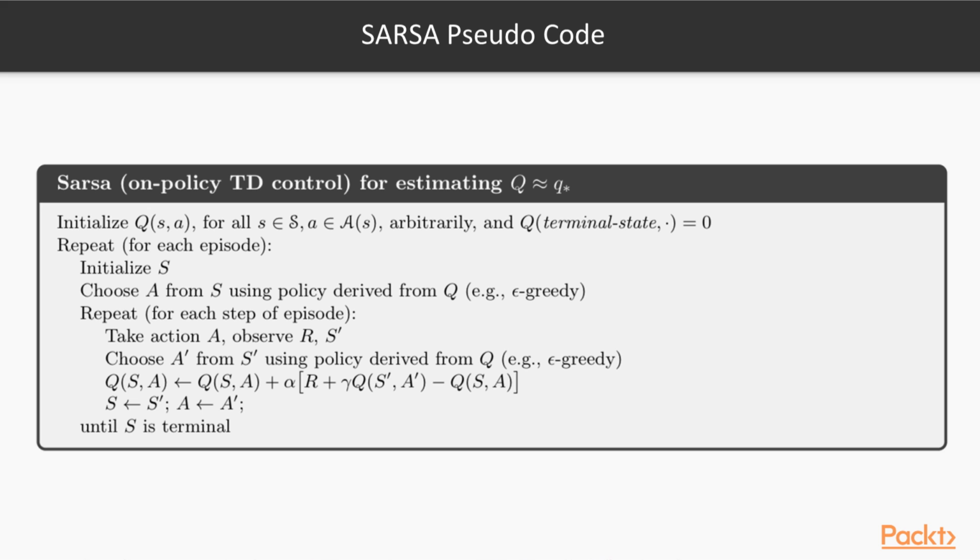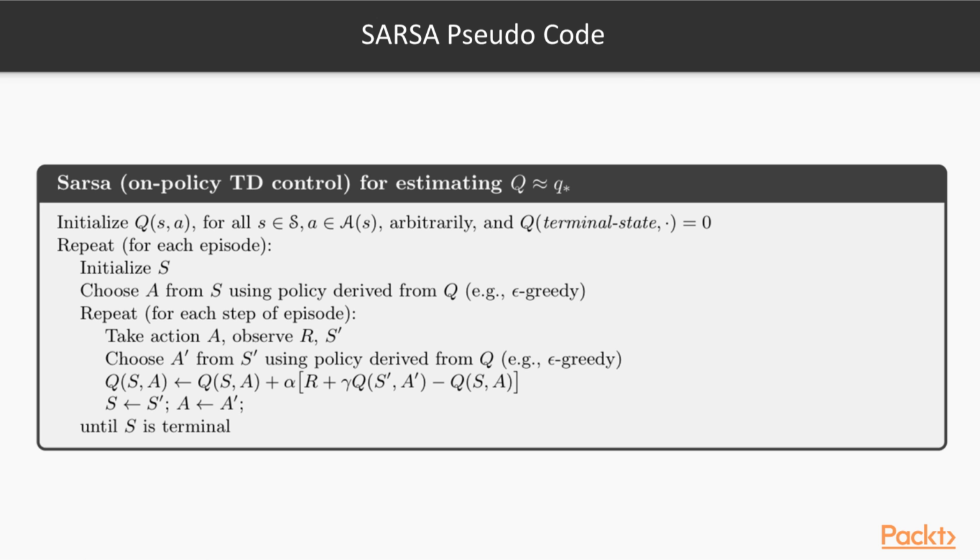Formally, these cases are identical. They're both Markov chains with a reward process. So the same theorems that assure the convergence of state values under the one-step temporal difference method also apply to the corresponding algorithm for action values.